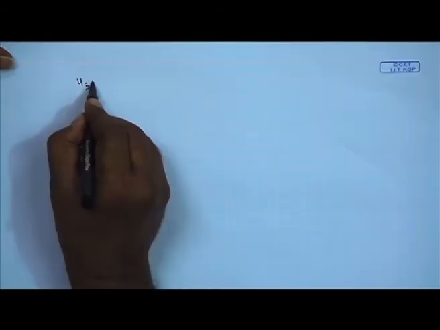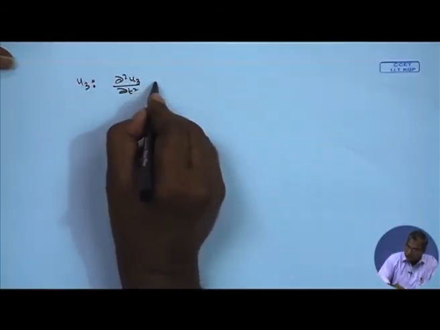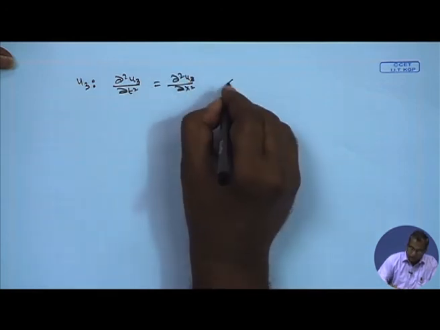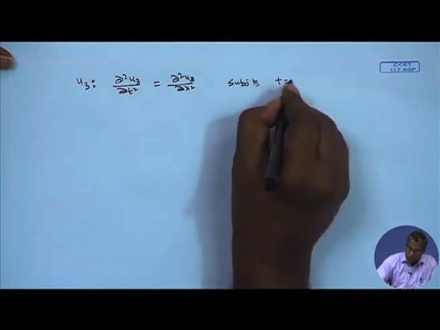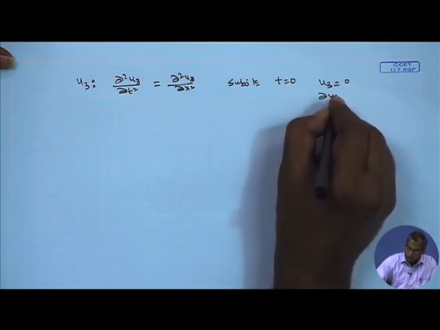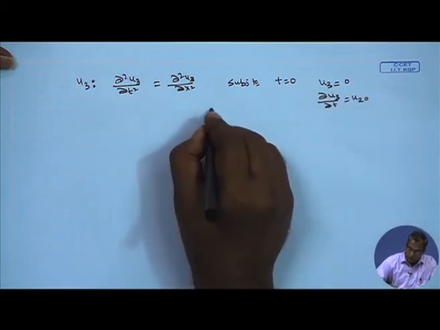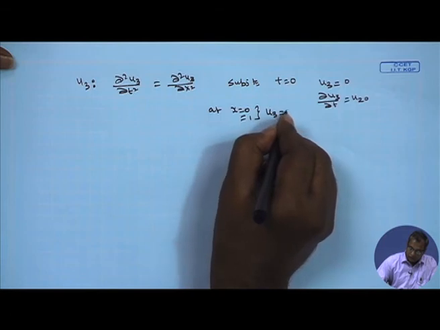So, u3 will be del square u3 del t square is equal to del square u3 del x square, subject to at t is equal to 0, u3 is equal to 0 and del u3 del t is equal to u02, and at x is equal to 0 and 1, u3 is equal to 0.